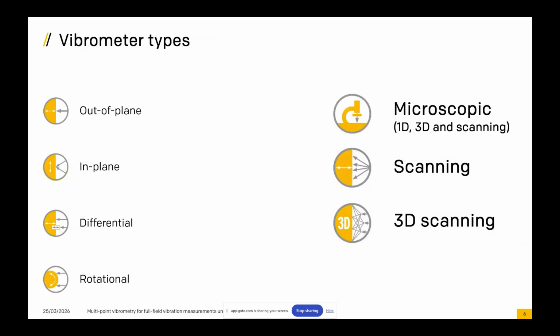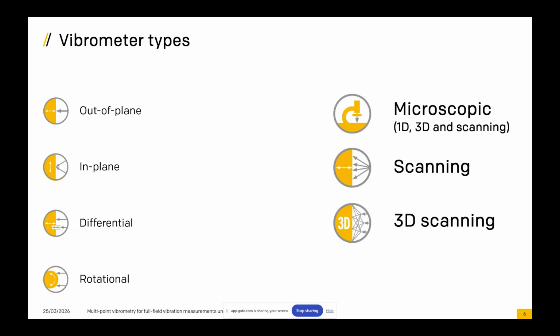So what type of LDVs are there? We have lots of different types for many different applications. We have out of plane, in plane, differential, rotational, even microscopic scanning as well, and 3D scanning. The most basic type would be an out of plane, at the top left, an out of plane LDV.